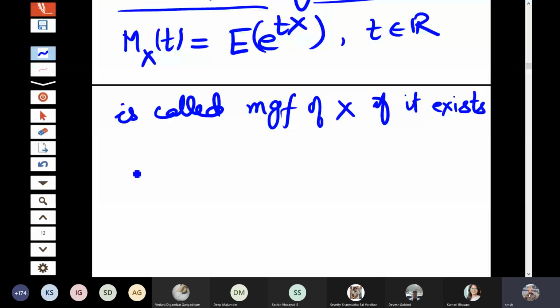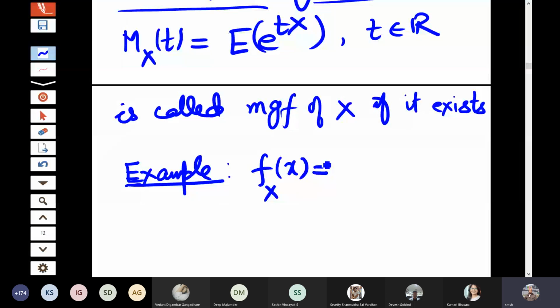Suppose I consider some of the distributions that we have considered earlier. Suppose I take the density to be 2x between 0 and 1, and 0 elsewhere.